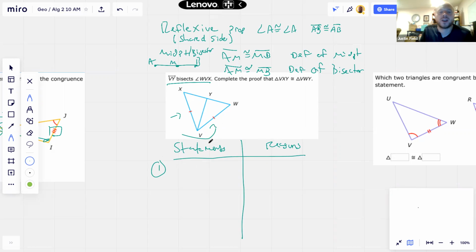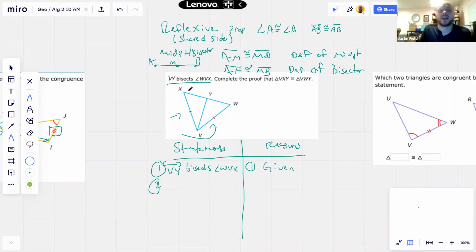So I'll start with the words: VY bisects angle WVX. Angles can be bisected, so that is given. The first reason is always the word given. No one ever forgets that.